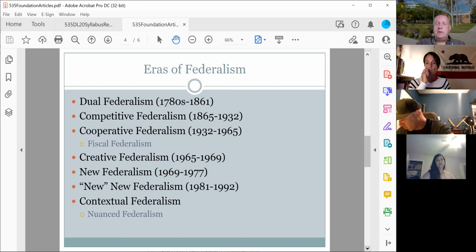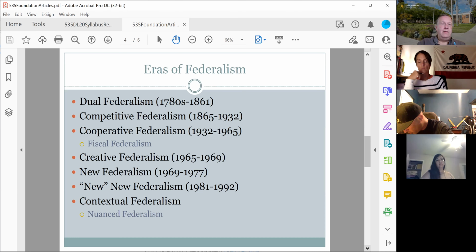The national government started getting involved in a lot more regulation of the economy, regulation of workplace safety, regulation of food safety, regulation of pharmaceutical drugs, all these additional regulatory efforts by the national government began to erode power from states. Because in the past, it was done by states.